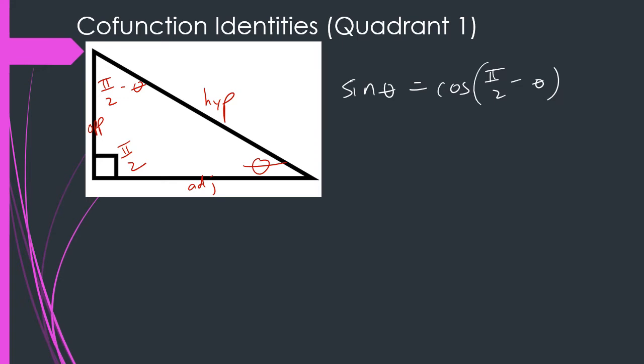We just proved that very simply by doing sine pi over 6 equals the same thing as cos 1/3. Cos theta, adjacent over hypotenuse, is the same thing as, if we use the other angle, pi over 2 minus theta as our point of reference, opposite over hypotenuse, which would be sine of that.